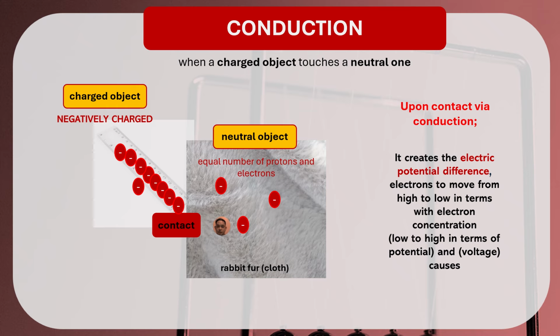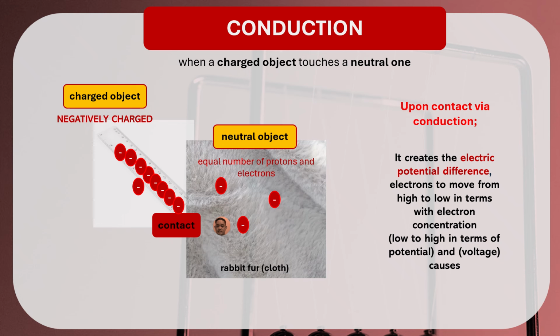If you recall, in triboelectric charging, electrons move from high concentration, many electrons, to the area with low concentration of electrons. Let's proceed. The movement of electrons is from the charged object because it has many electrons.